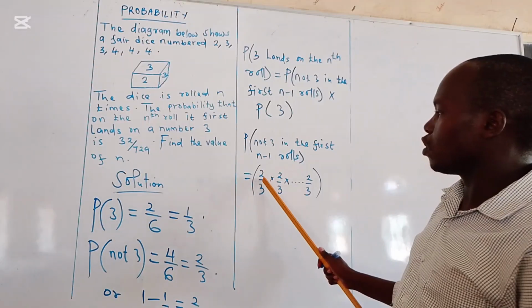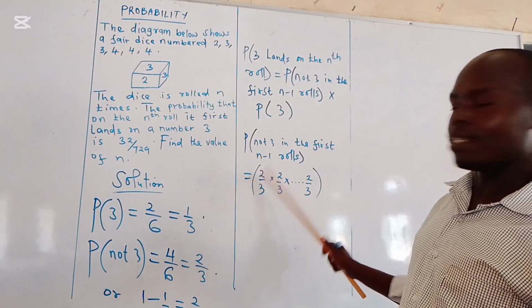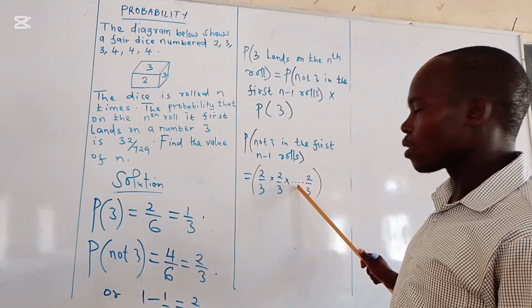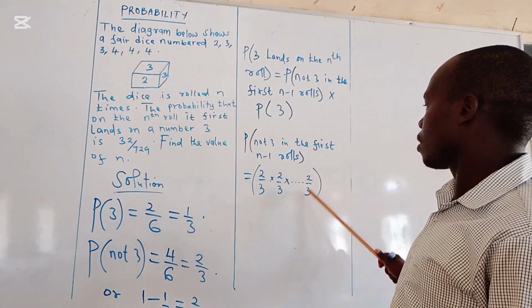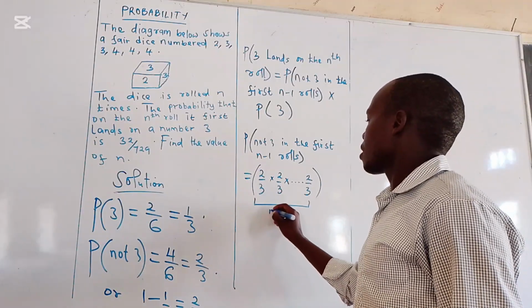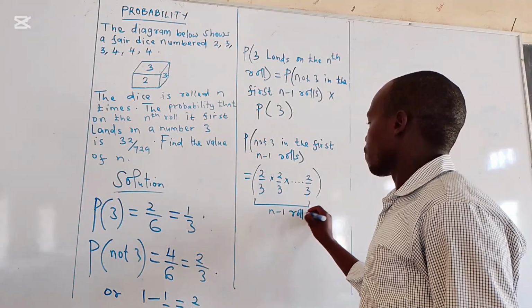This is the first roll, second roll, and then proceeding rolls up to the 2 over 3, which is the n minus 1 roll. So this is n minus 1 rolls.